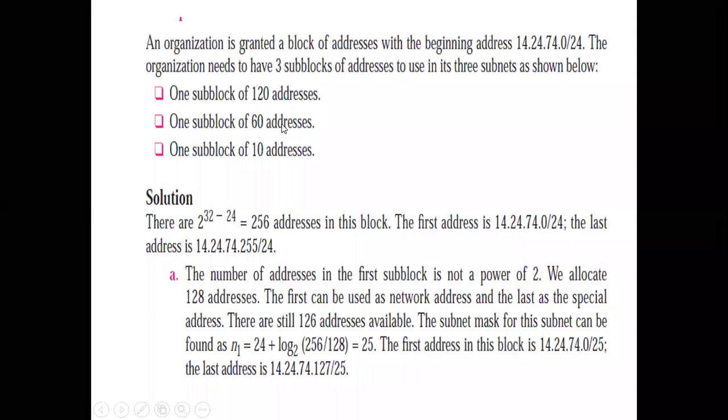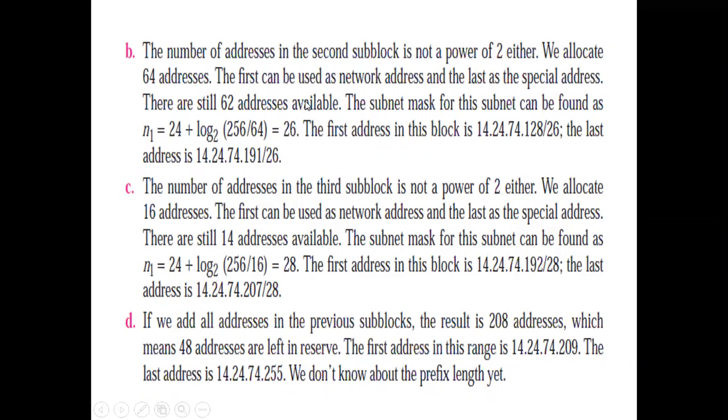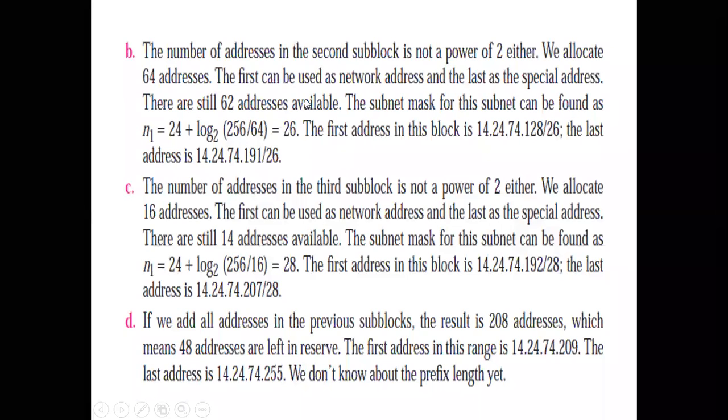Now come to the second case. The second case is telling the number of addresses in the second block is 60, which is also not a power of 2. So therefore convert it into a power of 2, that means 64. You will have to allocate 64 addresses in the second subnet. Again the same case, among the 64, one will be the network address, one will be the broadcast address, which are the special addresses which you cannot use for a machine.